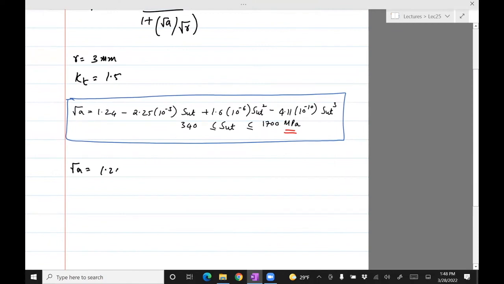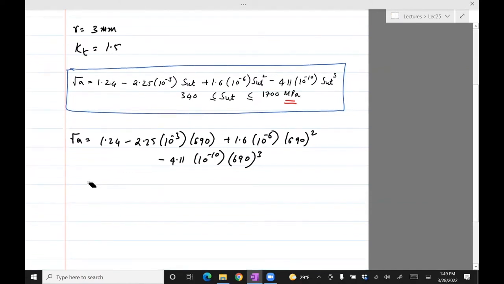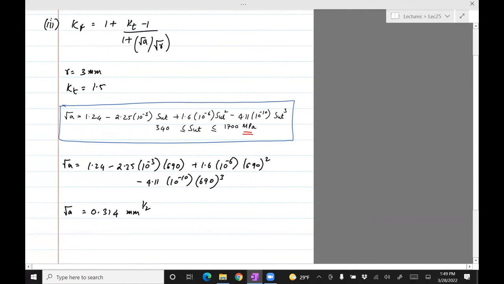Okay, so 1.24 minus 2.25 SUT, SUT is 690, 1.6 times 690 squared, minus 1.11 times 690 cubed. And so if you compute this, the answer, in mm raised to half, comes out to be 0.314 mm raised to half.